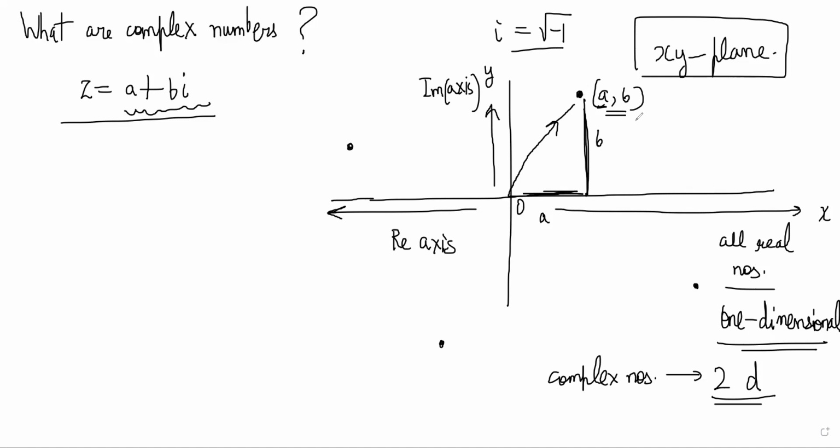So this number is written as a plus bi. Why? Because if you think about it, you have to go a steps like this and then plus bi. Any number on this axis is written in terms of i. So for example, 0 is here, this will be plus 1i, this will be plus 2i, this will be minus i, this will be minus 2i, and so on, right?